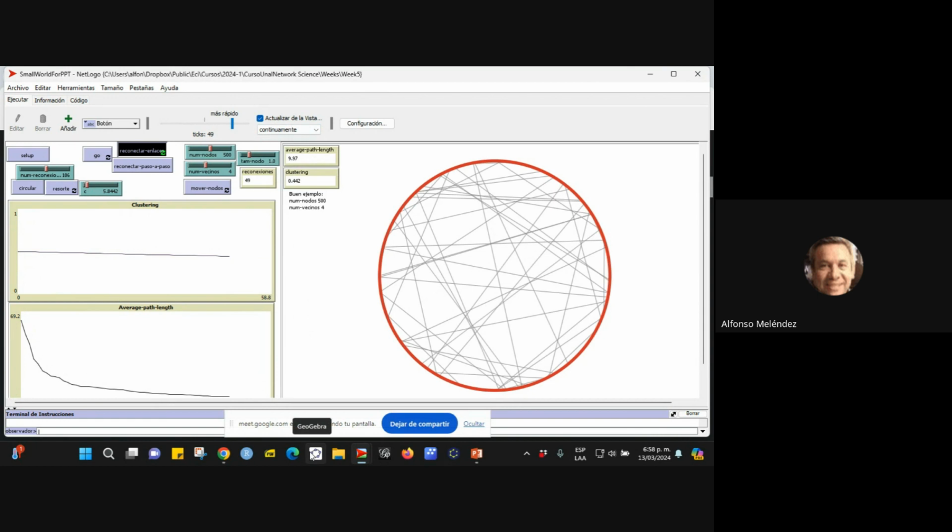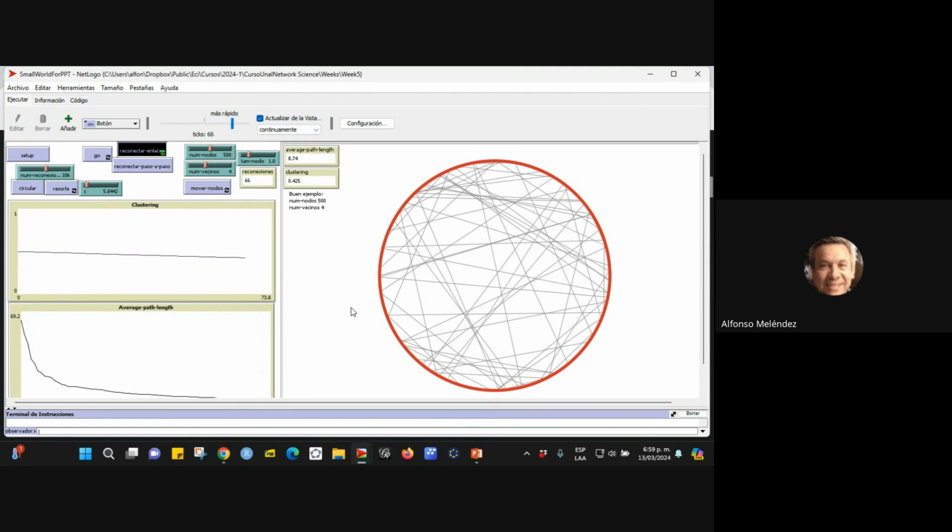I don't know if there is any question. Any comments, questions? It is very clear. I'm going to let the model run a little bit more. The average path length is at 9. With that simple idea, they published the article and they became very famous.